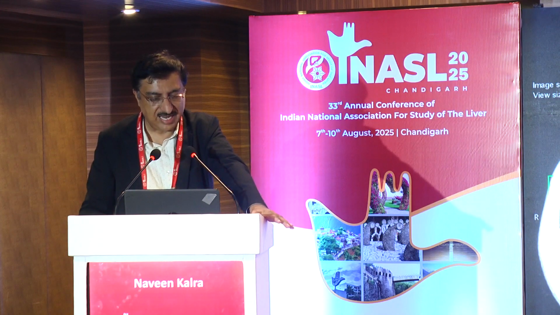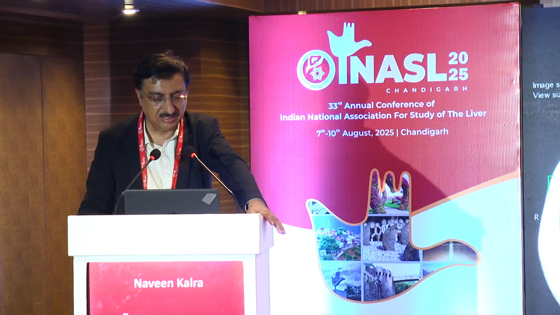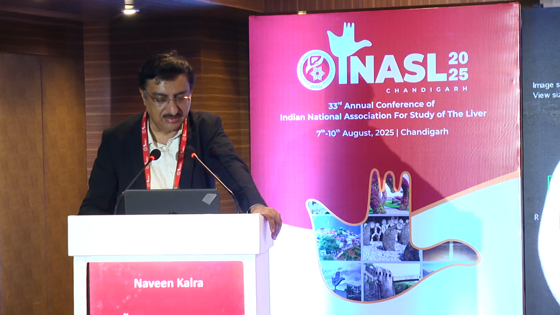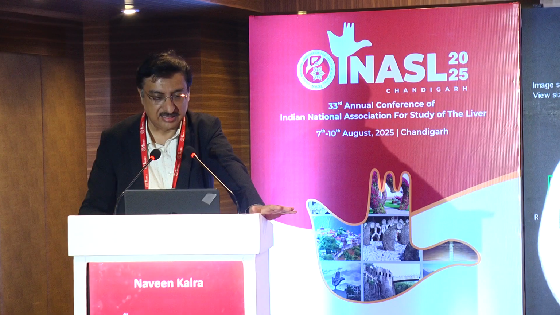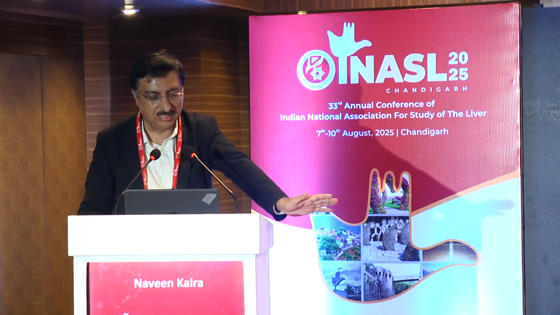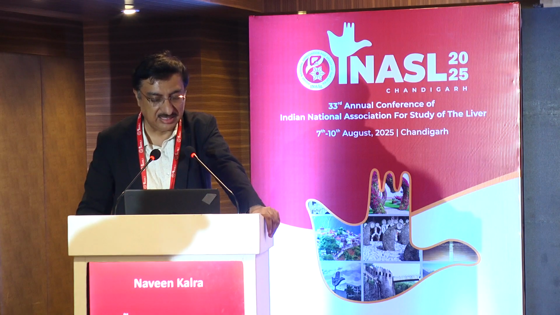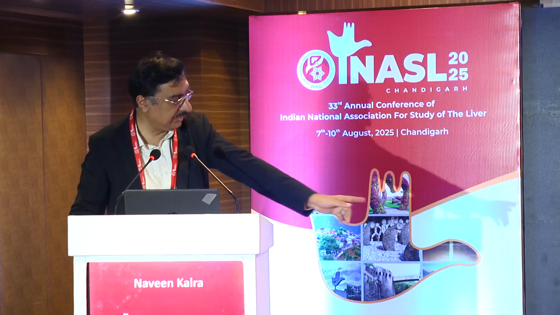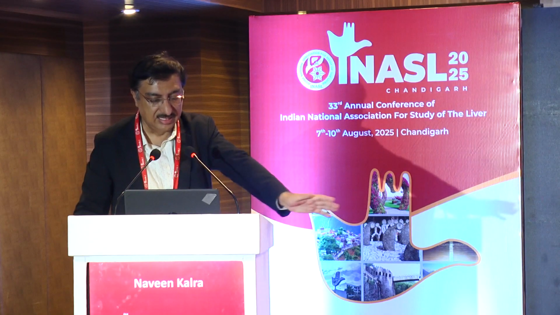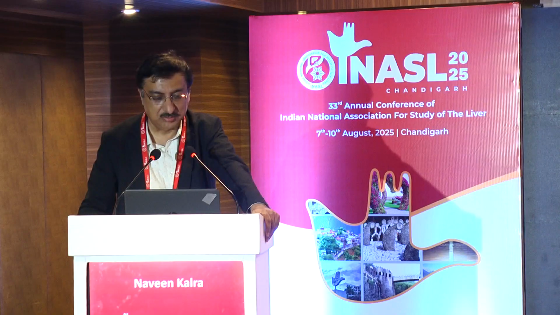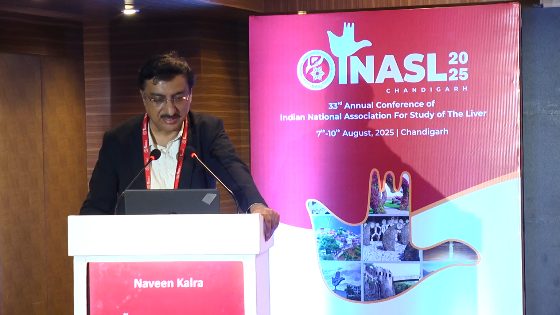So presence of fat will also not affect your evaluation. So this is a MASLD case showing the drop in signal intensity. And if you look at the color maps and the elastograms here, they were in the normal range, and it is corroborated with the histopathology that we had in this patient.